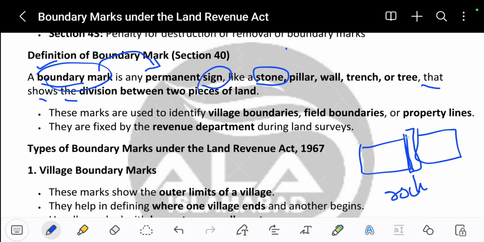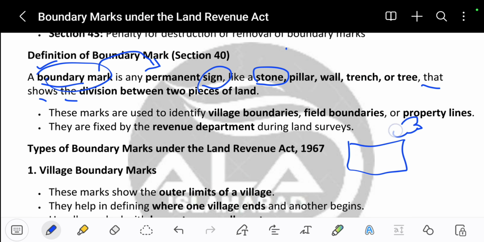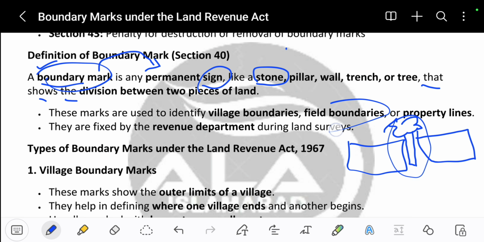If you have added pillars over here, this pillar is also a boundary mark. If you don't have a pillar, you can add a wall. If you have a wall over here and there's another land, both these lands are divided with the help of a wall. This wall is also a boundary mark. If you don't have a wall but you have a tree between these two lands, the tree also becomes a boundary mark.